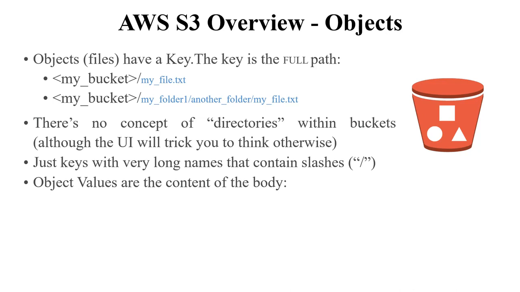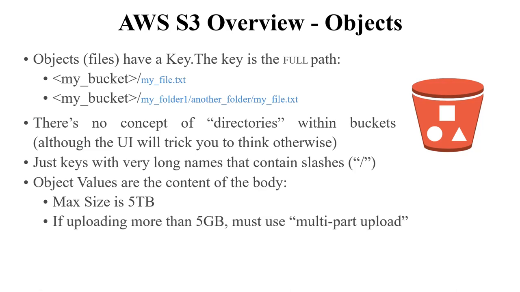Object values are the content of the body, that means the size of the object. The maximum size is 5 terabytes of data, so the file you can have is up to 5 terabytes.